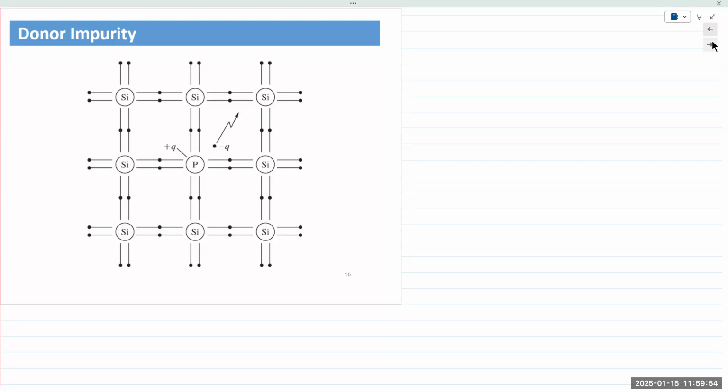On the other hand, if we have elements from column 3 of the periodic table, they have 3 electrons in the outermost shell. When they bond with the silicon atoms, now there is an empty spot, because it bonds with 3 of its neighboring silicon atoms. 1 bond is left open. It's an empty spot. It's a hole.